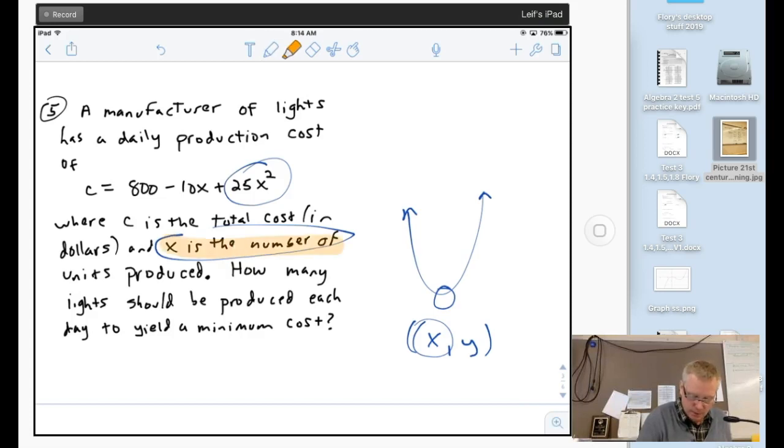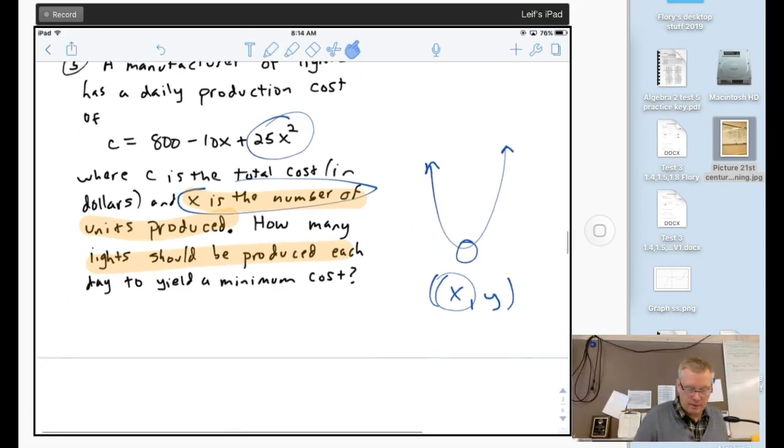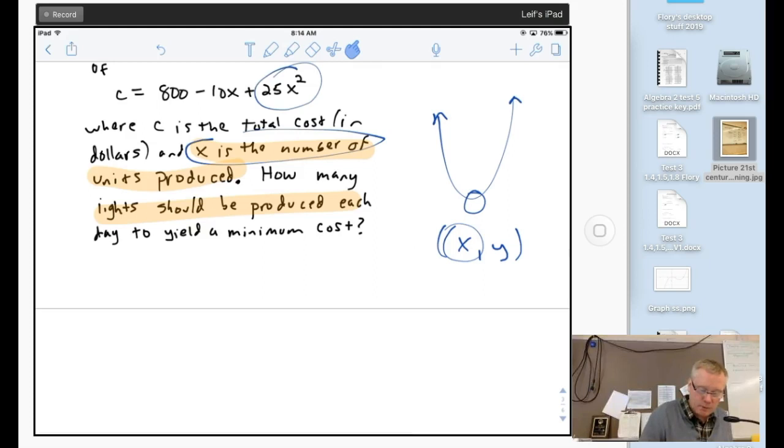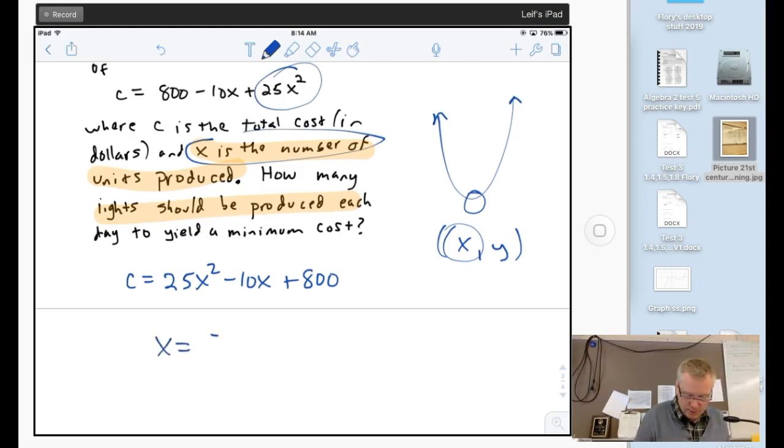Because that will give me the minimum, okay? So if I take that equation, I'm going to switch this around for a moment just because I don't like that. I like the x squared first, I like the 10x second, and I like the 800 third, okay? So x equals negative b.